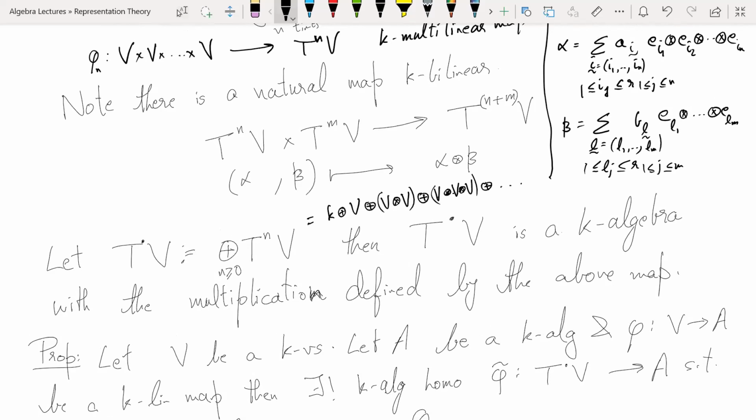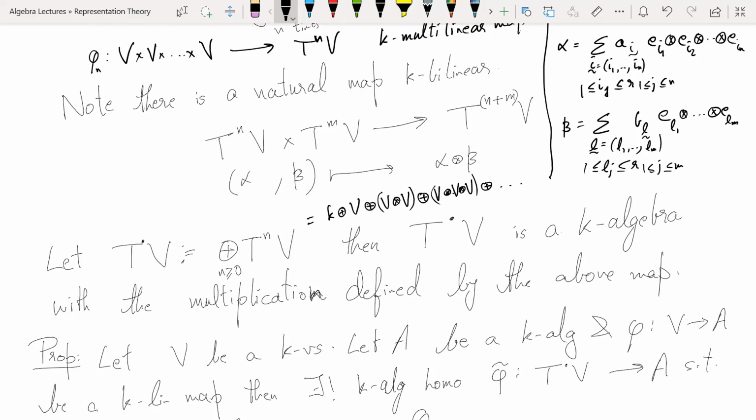Then this T dot V is a K algebra with multiplication defined by this. I have told you how to multiply an element in T^n V and an element in T^m V to get an element in T^{n+m} V, which is also a subset of T dot V, the tensor algebra.